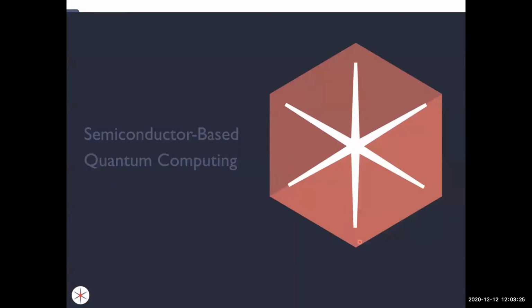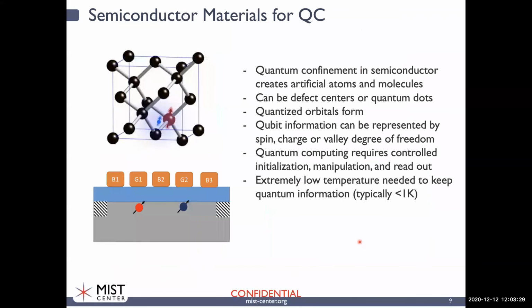Next I discuss semiconductor-based quantum computing. Semiconductor-based computing essentially creates quantum confinement in silicon or in other semiconductor materials. So we have artificial atoms or molecule structures. For example, we can have defect centers in semiconductors.